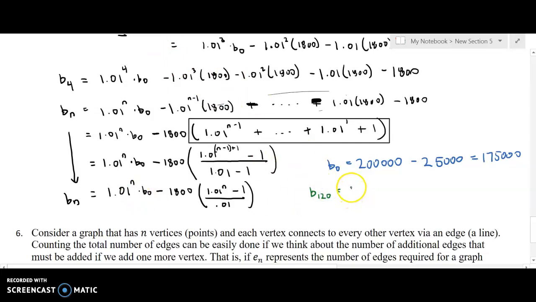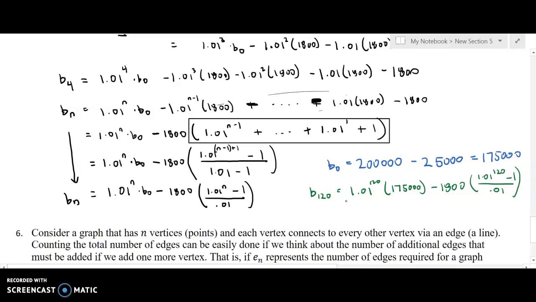So to figure out the balance after 120 months, B sub 120, I can plug in all my values here. So 1.01 to the 120th times my initial value, which is 175,000, minus 1800 times 1.01 to the 120th minus 1 over 0.01.